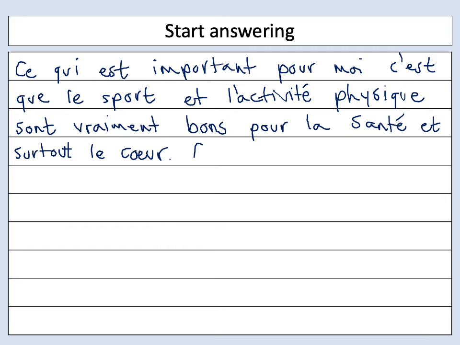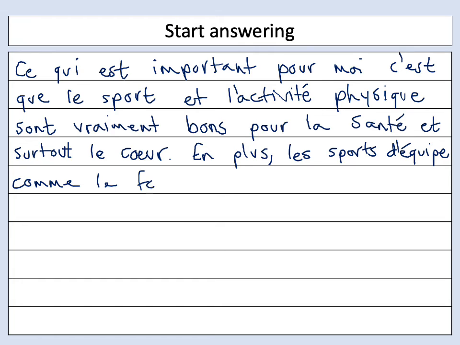Let's continue with en plus. So additionally, what could we say now? We'd say something about team sports. So les sports d'équipe. So team sports, and then let's give a couple of examples. So comme, like, le foot. Now we could put and in here, but I'm going to put or.